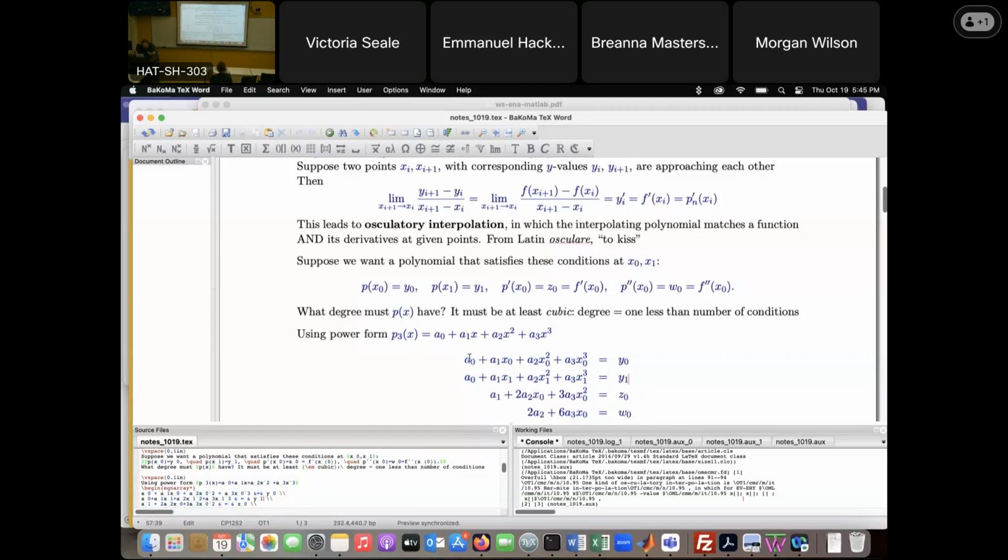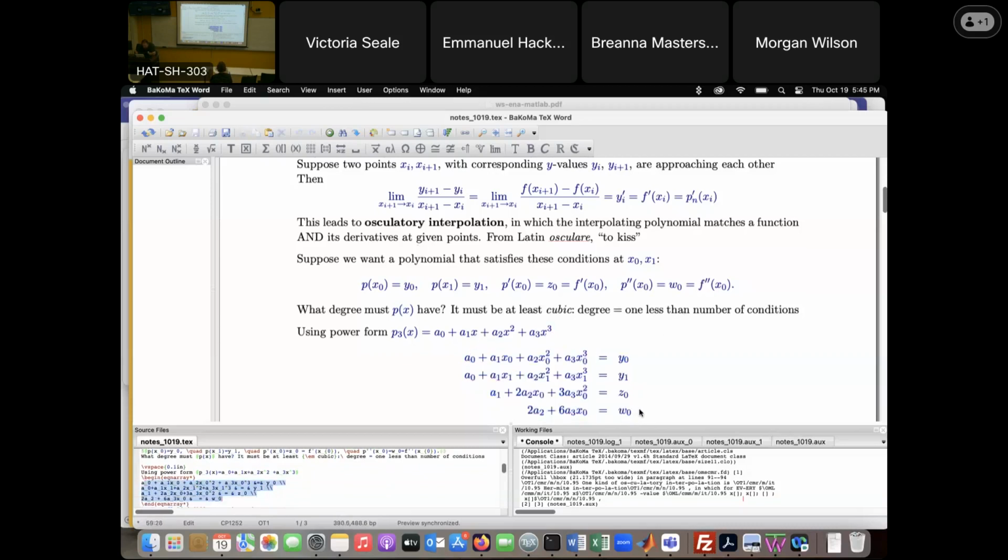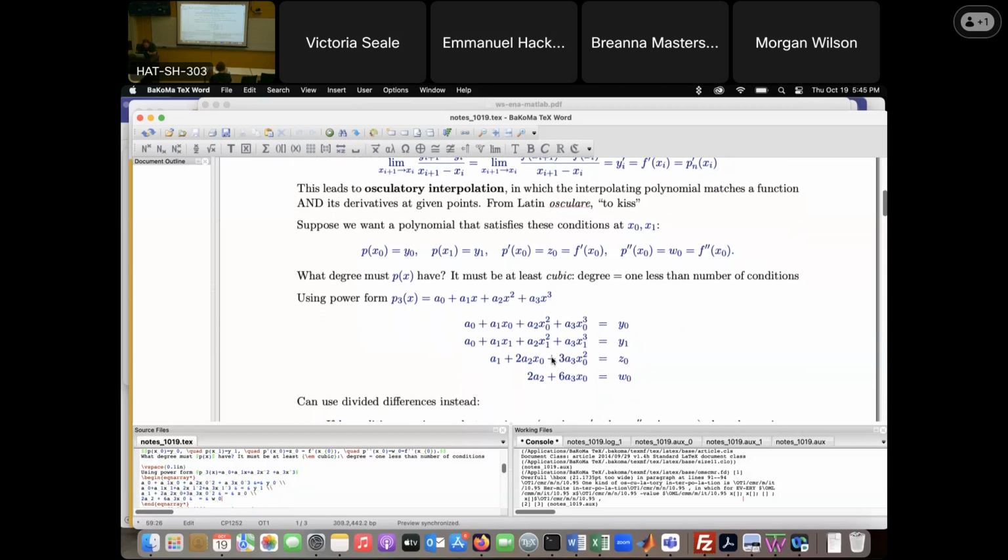So once again, we have a system of 4 equations and 4 unknowns, except that we have different equations in the case of matching derivatives. So then we go ahead and solve the system of equations. It's a little easier to solve because we now have some 0 entries in our matrix. So that's one way to proceed.